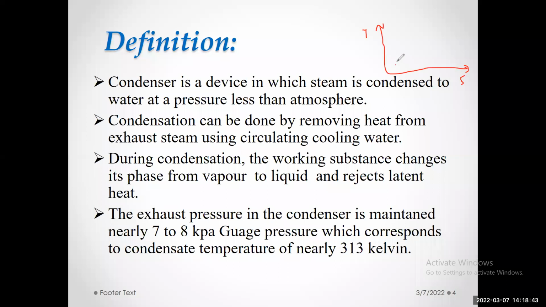Suppose there is liquid water, its temperature is increased, and then there is a phase change. So latent heat is supplied. Again, the temperature can be increased. So this is a phase change diagram. Initially it was liquid, then it became saturated liquid, then saturated vapor, then vapor. So while going in this direction, we require latent heat of vaporization.